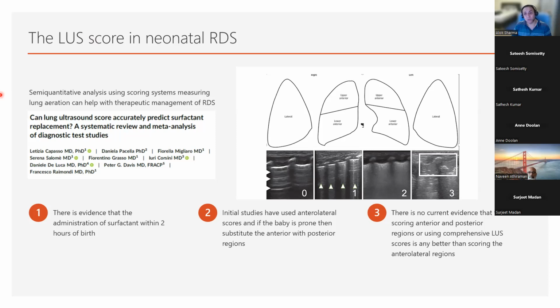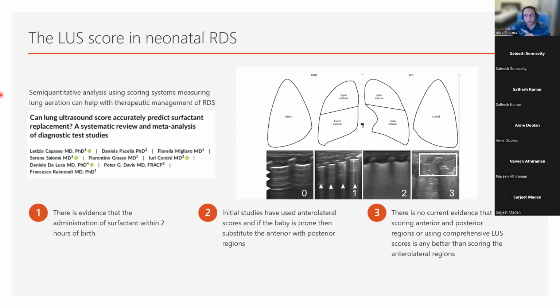There's actually much more. There are lots of other studies that show that lung ultrasound may be useful semi-quantitatively in determining when to give the first dose of surfactant, provided it is used by trained individuals. And the most important other aspect is, when do you perform it? In what context are you interpreting it? And this is crucial, as Satish has mentioned.